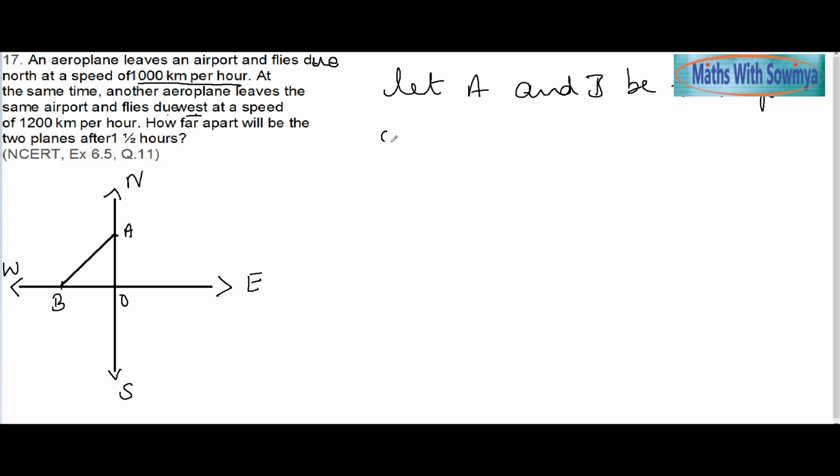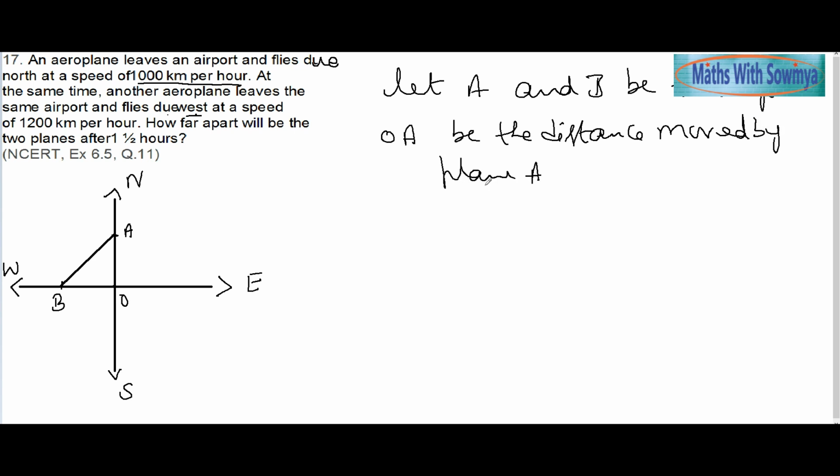OA is the distance moved by plane A, and OB is the distance moved by plane B.